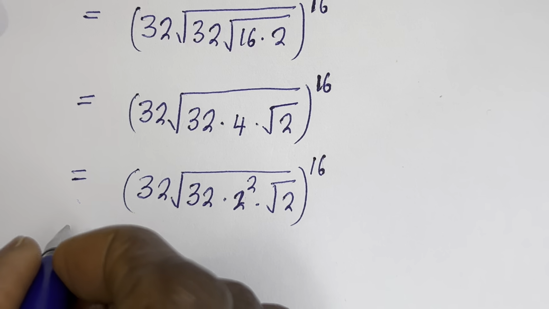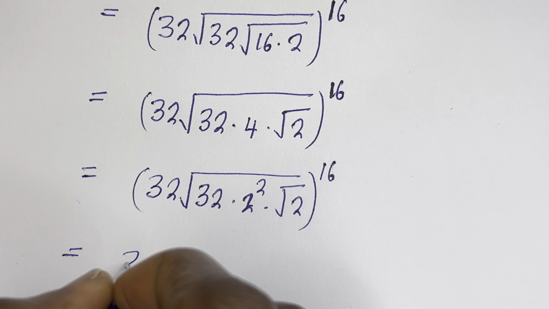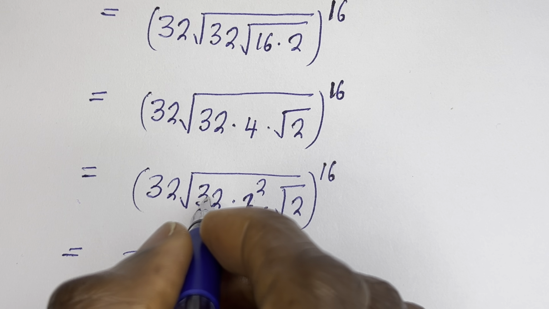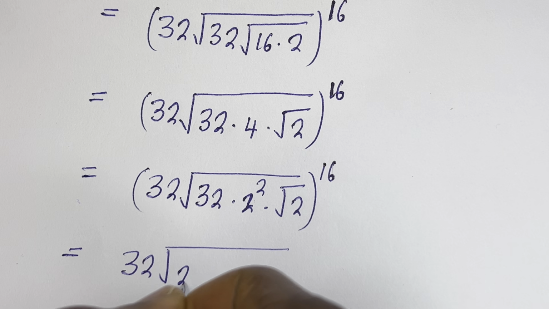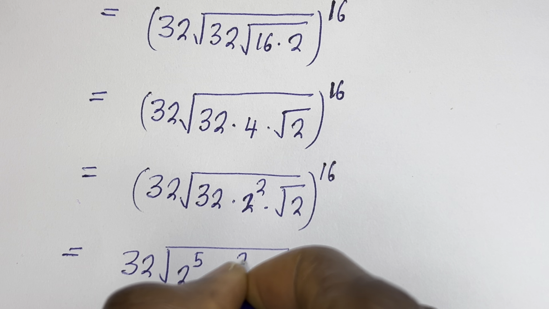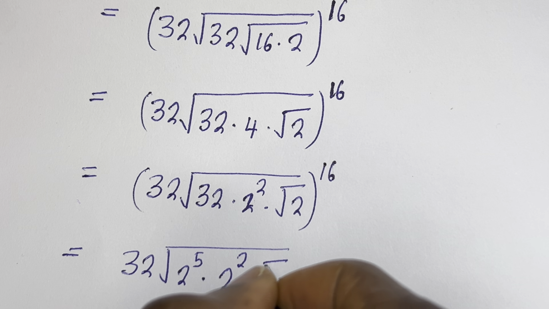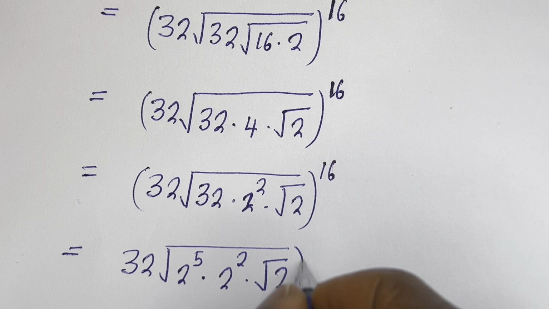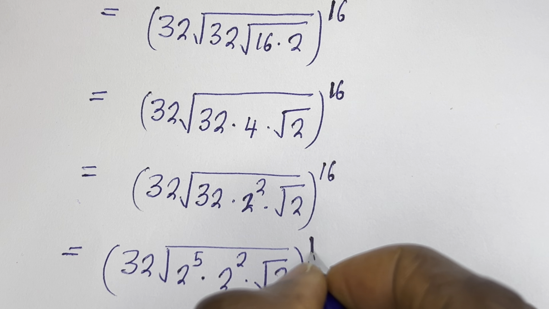And this is the same thing as 32 square root of, this 32 can be written as 2 to the power of 5 multiplied by 2 to the power of 2 multiplied by square root of 2, all to the power of 16.